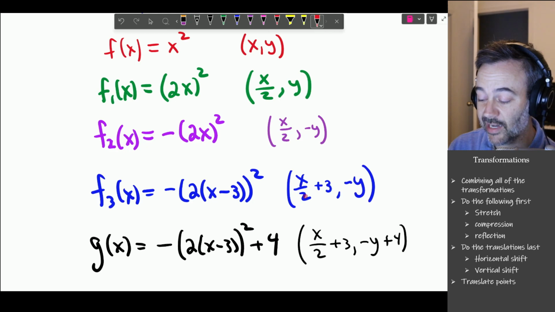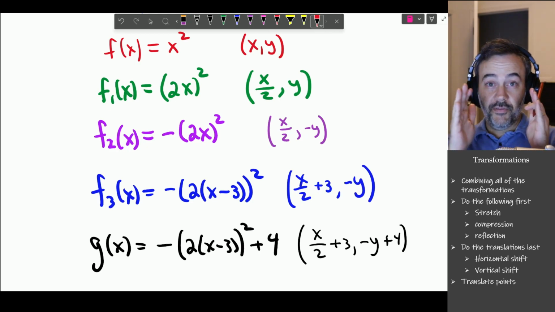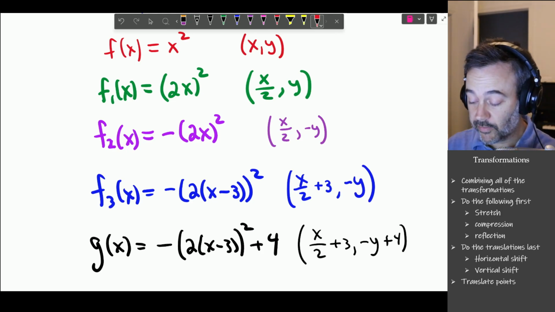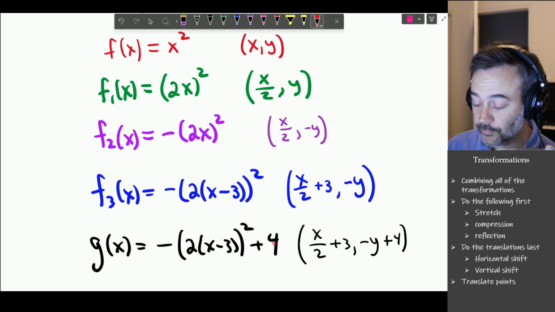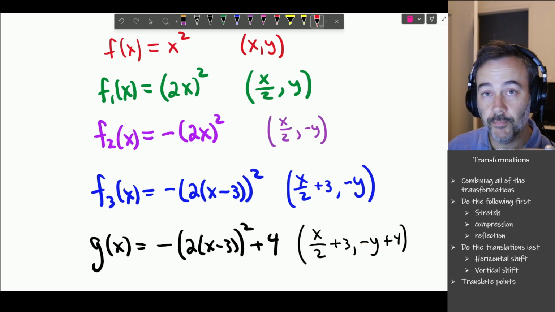So it takes all the x coordinates and adds 3. Finally, we're going to translate the graph up by 4. And that takes the previous points on this graph and adds 4 to the y coordinate. We had already flipped it over, so it was -y. And now we get -y plus 4.